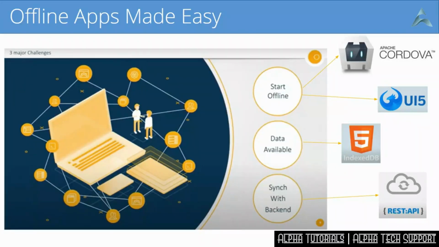How do we make data available? Data that we need to run the app, or data that we're creating in the app, new data, if we're not connected. There's a technology called IndexedDB. This is storage that is created on the device itself.